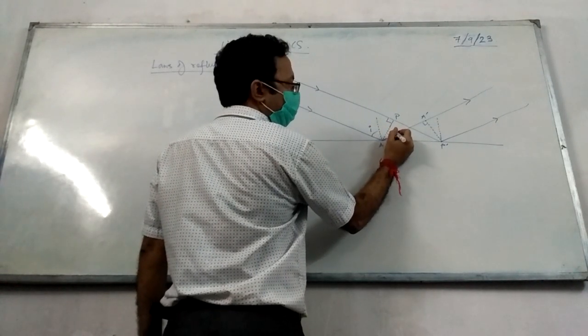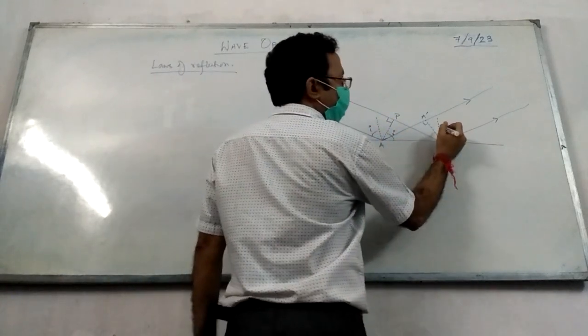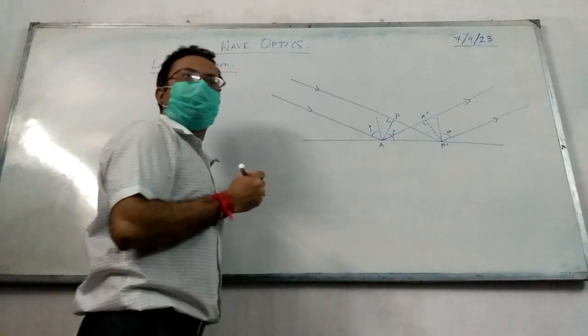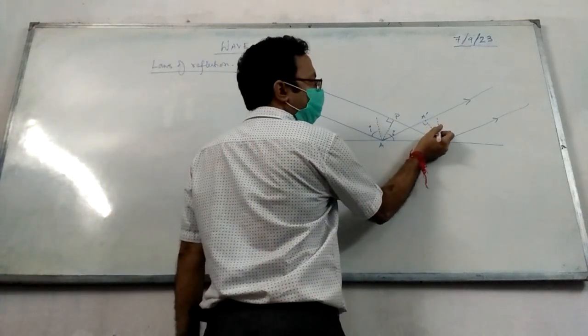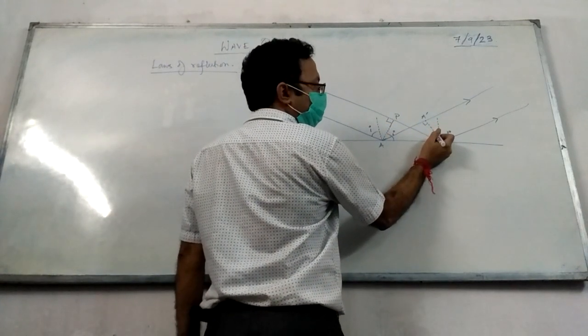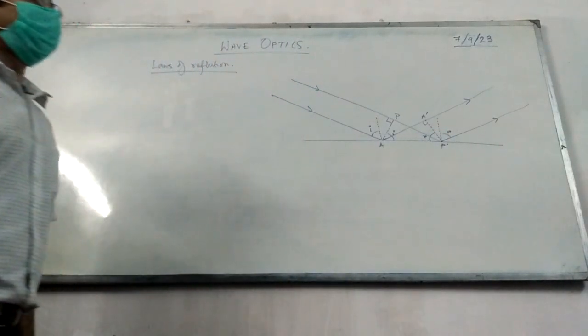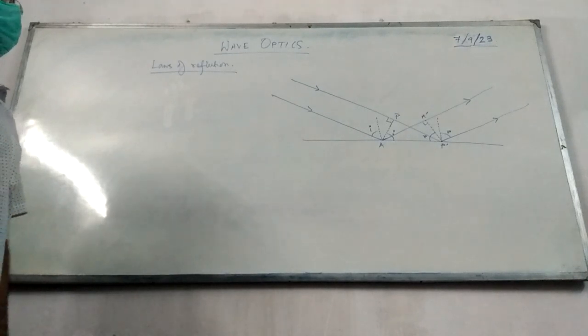This whole angle will be I. Similarly, this is the angle of reflection R, with respect to the normal. So this angle is 90 degrees minus R. So this whole angle will be R. Alright. So we need to prove that I is equal to R.